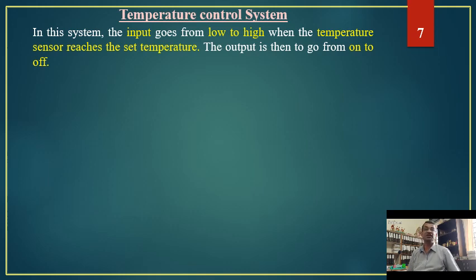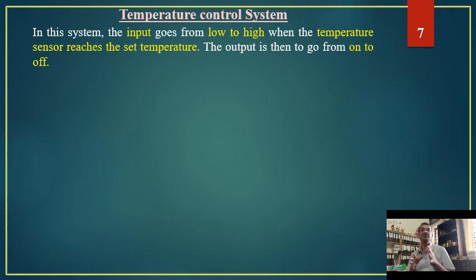It means that this is a heating system wherein the temperature is continuously rising. There is a critical value, the set temperature value, and once the temperature of the room reaches that set value, then the input goes from low to high.